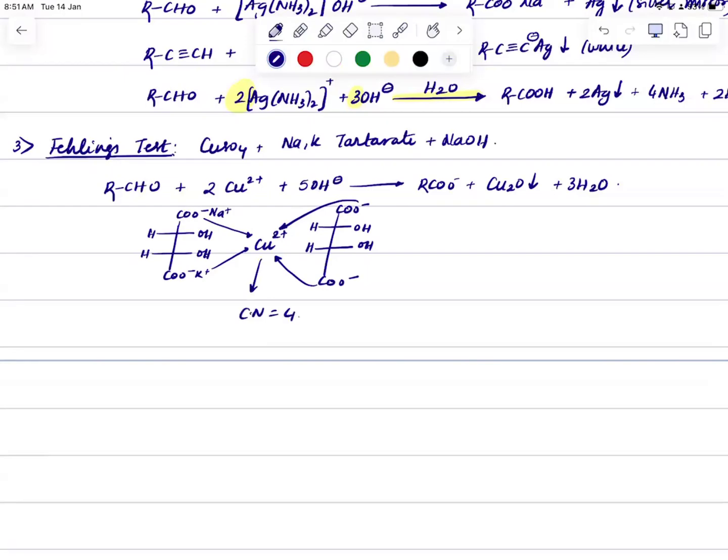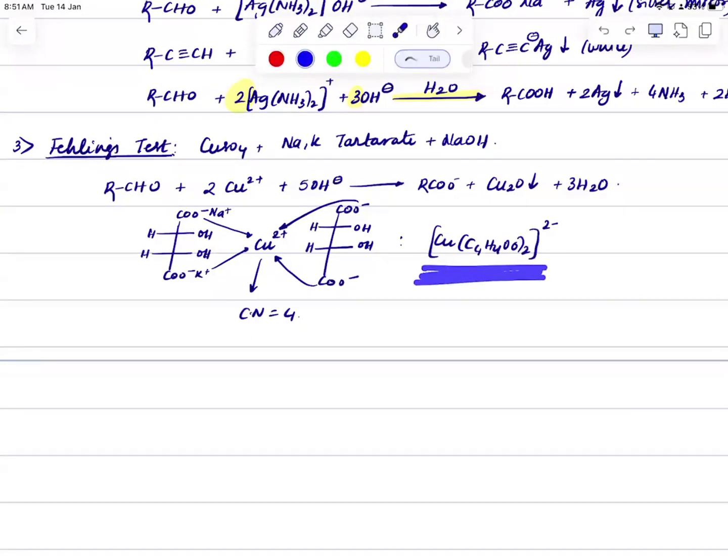You could see there are 2 moles of it. While taking 2 moles of copper 2+, remember each copper has 2 moles of this sodium potassium tartarate, which we can write as C4H4O6 twice, overall 2-, and Na+, or whatever salt is present.